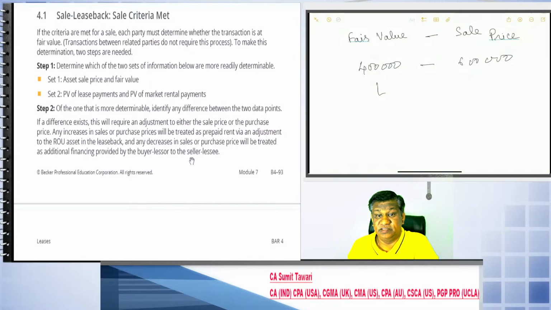So that is basically an adjustment we need to do. So 200,000 could be the additional financing.